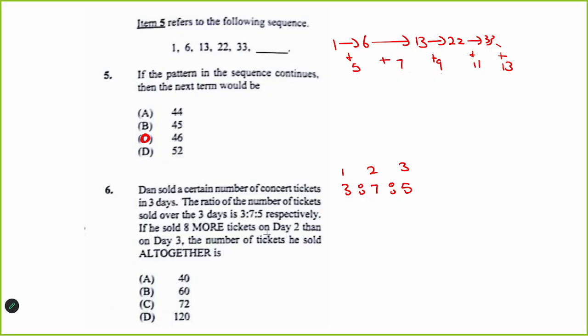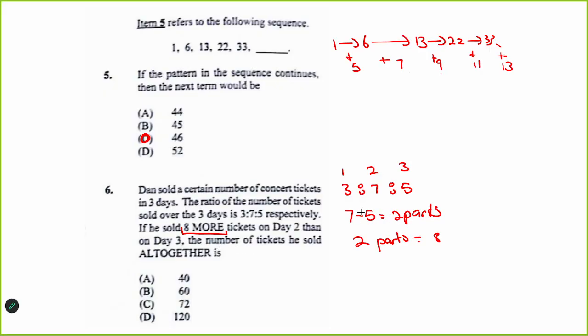So if more than, that means 7 minus 5 is 2 parts. So they're letting you know that 2 parts is equal to how many more tickets? 8. So 2 parts is equal to 8. So basically they're telling you the difference between day 2 and day 3 is 8 tickets.